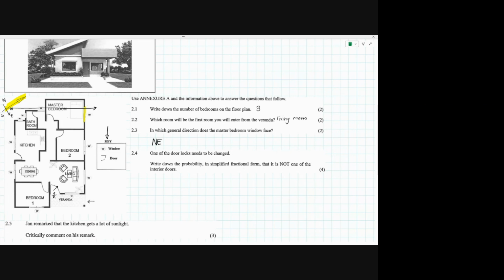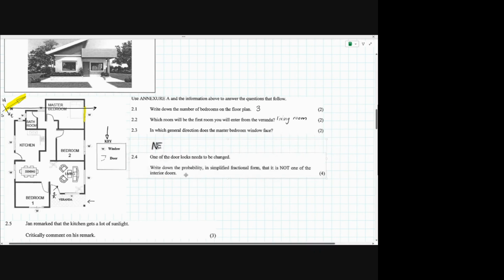If they really wanted to, and this would be a question that we would probably ask you more in trial exams than in finals, we could ask something along the lines of whether or not you think having a northeasterly facing window would be appropriate for a bedroom.